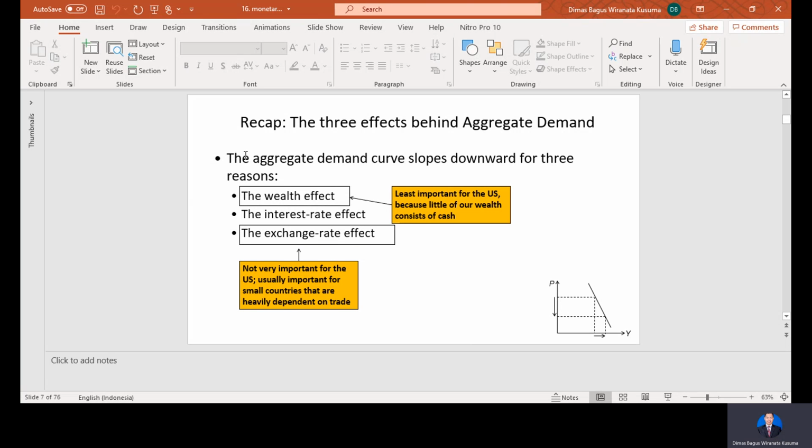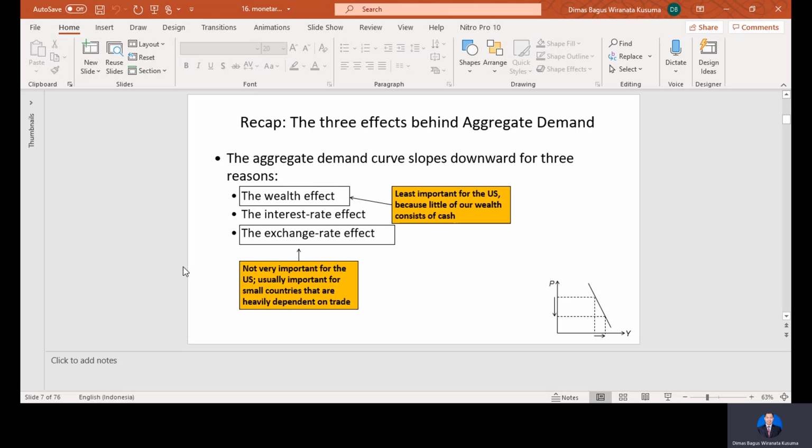The wealth effect is the least important for the US because little of our wealth consists of cash. The wealth effect relates to the cash and assets held by everybody, and is not very important for the US, but usually important for small countries that are heavily dependent on trade.